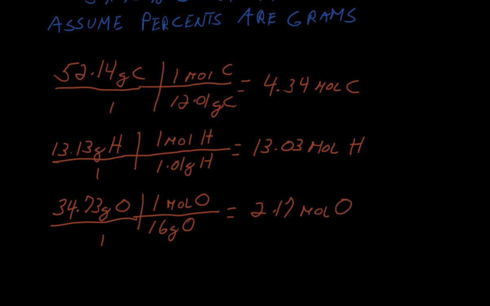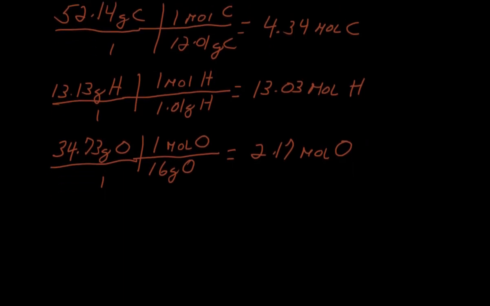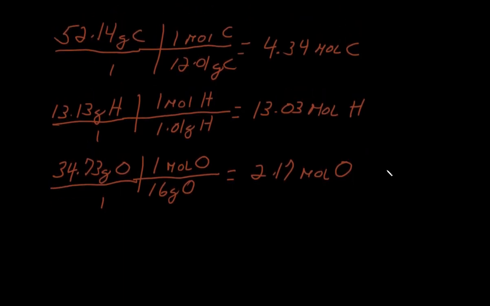So at this point, we want to determine the lowest whole number ratio. We've got to find the lowest number here, so it looks like it's going to be 2.17. So if we divide this value by 2.17, we get a value of 1.0. And if we take this value, divide by 2.17, we get a value of 6.